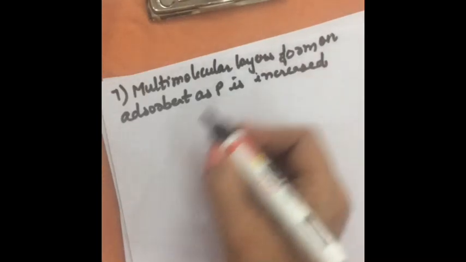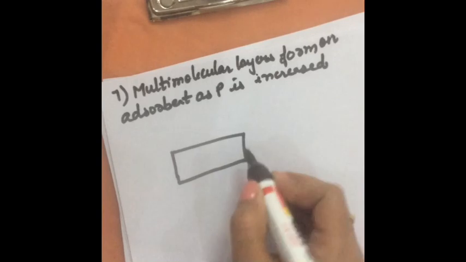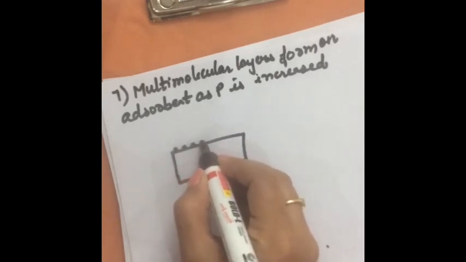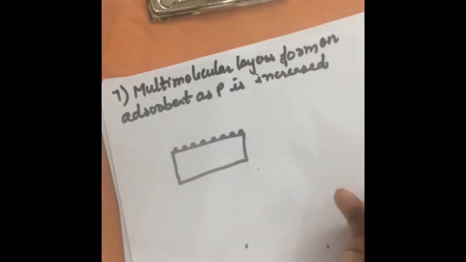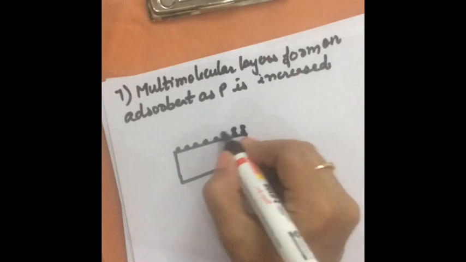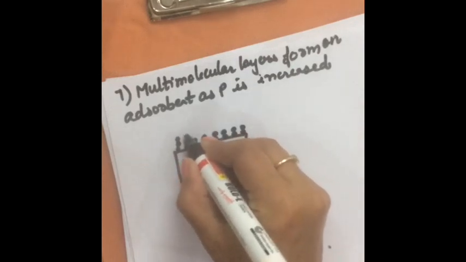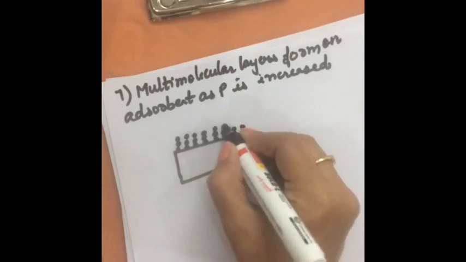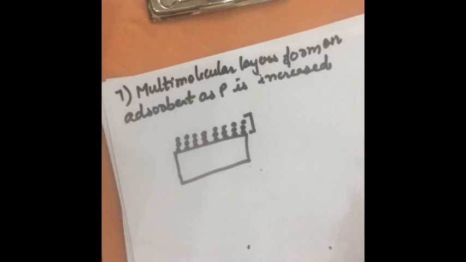In case of physical adsorption, it's not that only one layer of adsorbate will form on the surface of adsorbent. If we put more pressure here, then more particles will come on the surface of adsorbent. Like this, more particles can come, and hence multilayer formation can take place.